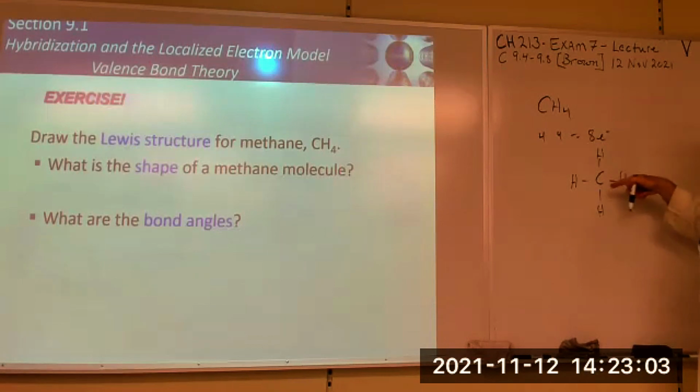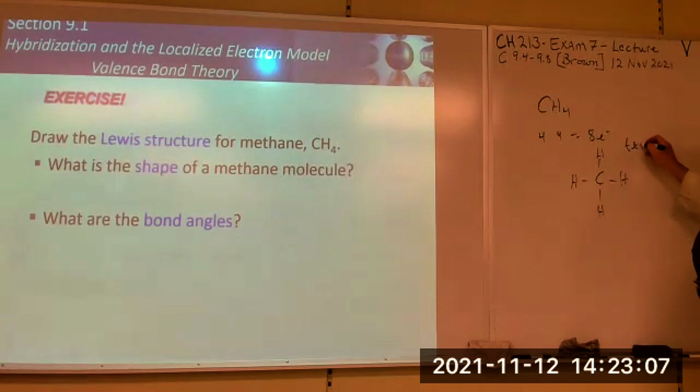So we've used up all of our electrons, and we should expect that to be a tetrahedron. And it is. And the bond angles are 109.5 degrees. So as far as that goes, the theory works.